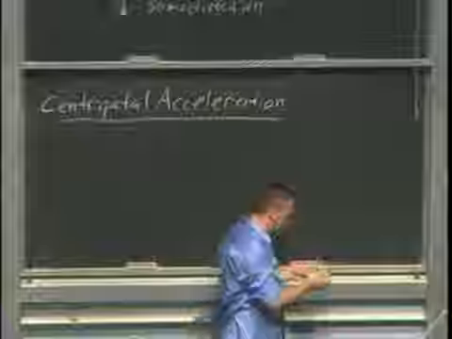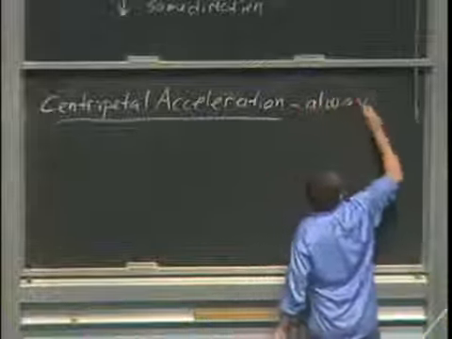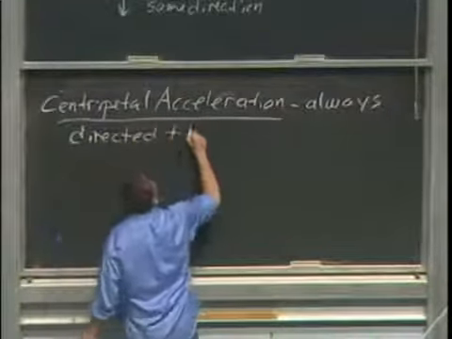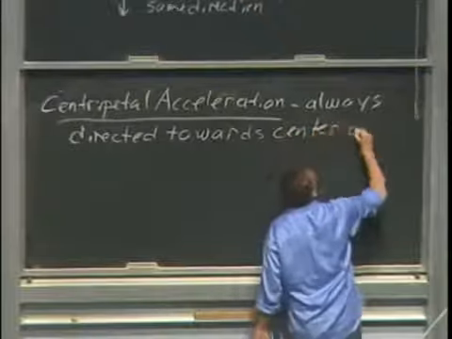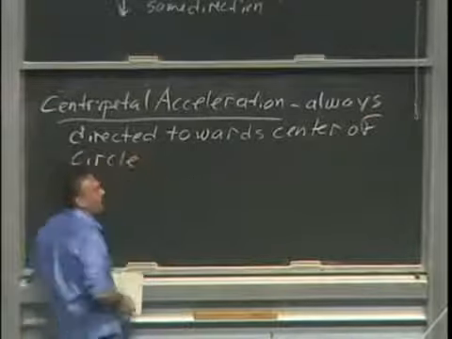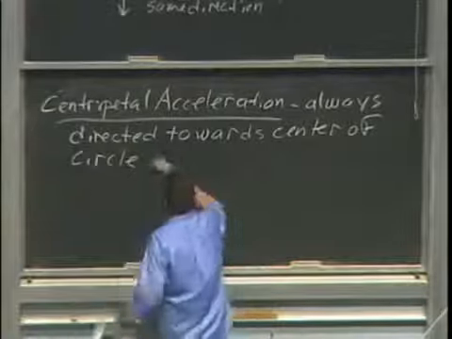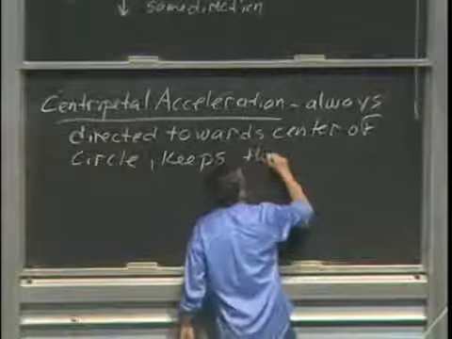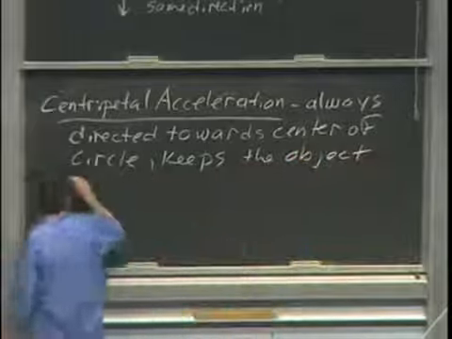Centripetal acceleration is always directed towards the center of the circle. And the fact that it's always directed towards the center of the circle means that it keeps whatever object it's acting on moving in a circle, or moving in circular motion.